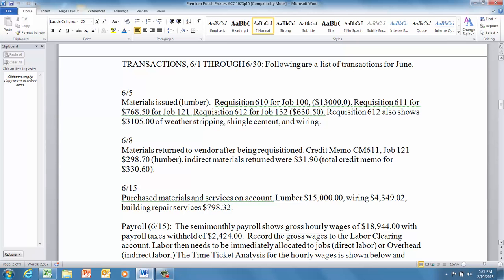So the very first one, on June the 5th, materials were issued, and this is lumber. So the materials were issued out of the materials storeroom and went into the factory floor, which means that in the books they need to be shown as coming out of the materials account and into the work in process account.